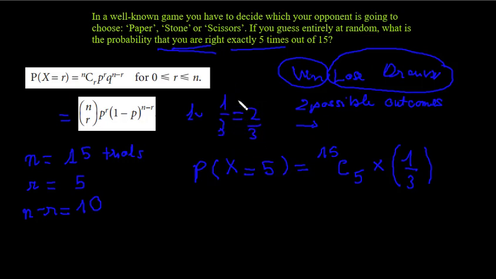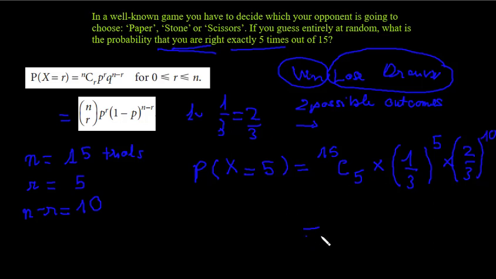If getting it right is 1 over 3, the probability that you will not get it right is 2 over 3. Because we want to win exactly 5 times, you see that the 1 over 3 is to the power of r, in this case 5, multiplied by 2 over 3 to the power of 10.